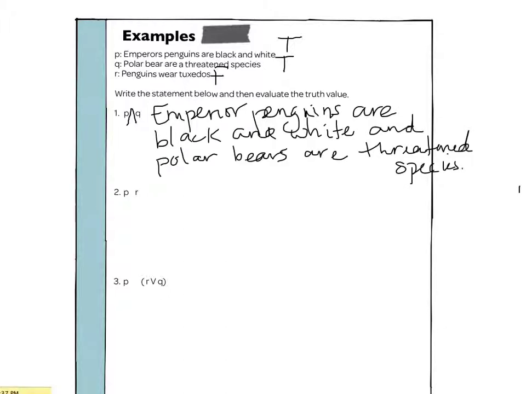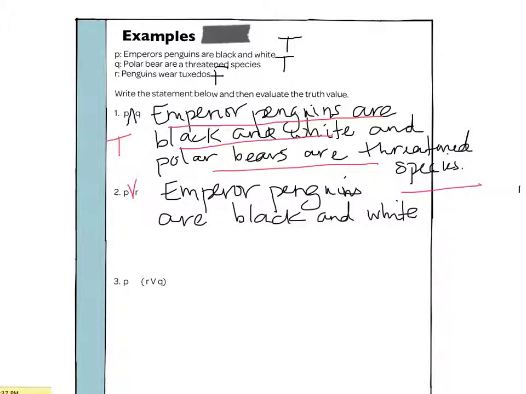I've written it out. P is emperor penguins are black and white, and polar bears are a threatened species. Because both parts are true, P is true and Q is true, this statement altogether is true. Let's try the next one, which is P or R. For P, emperor penguins are black and white, or penguins wear tuxedos.